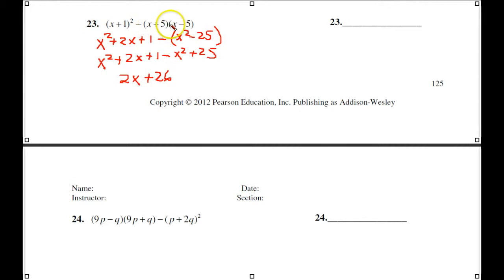Here is the difference of perfect squares. Once we FOIL these conjugates, we had our negative sign outside, change each of these signs internally, and there's our answer. So it's not too bad. It looked a little daunting in the beginning. Now this is conjugates, and this is squaring a binomial, and you add like terms.